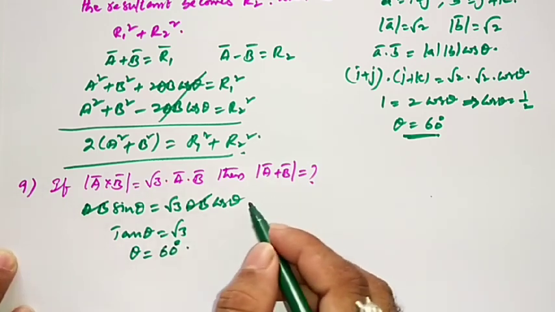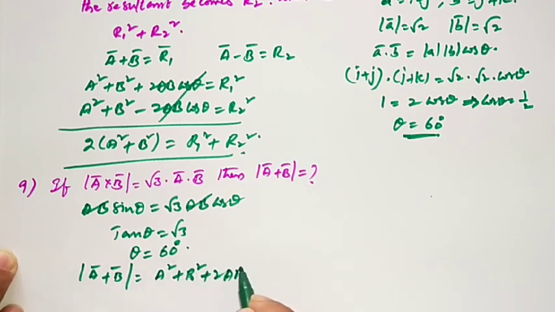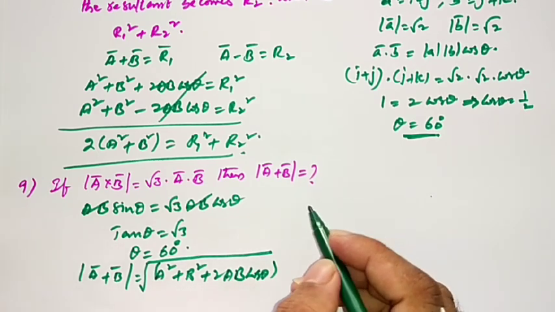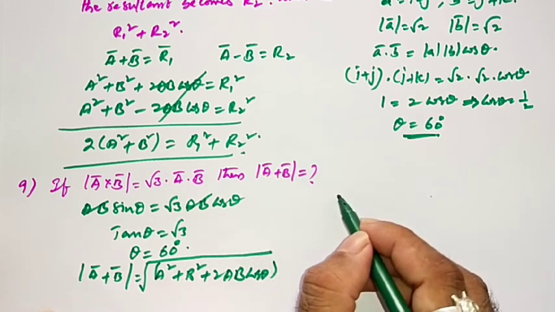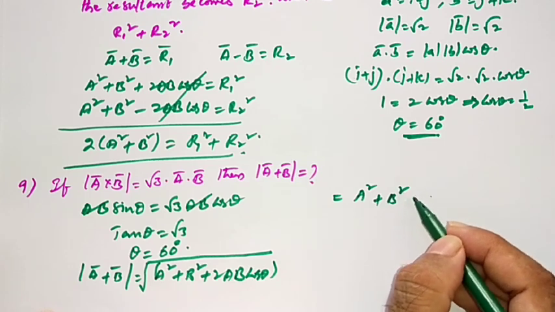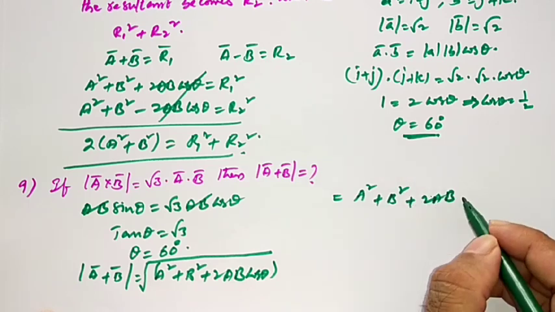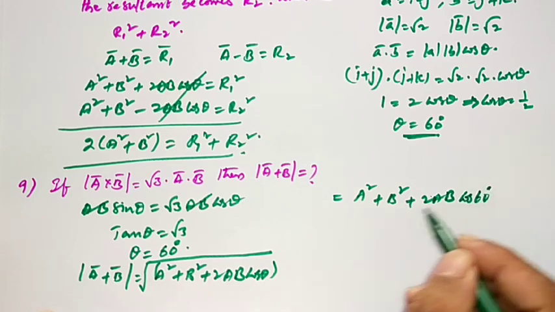Clear? Now I want to calculate the modulus of A plus B. That is A square plus B square plus 2AB cos theta, root over. Now this can be written as A square plus B square plus 2AB cos 60 degrees.